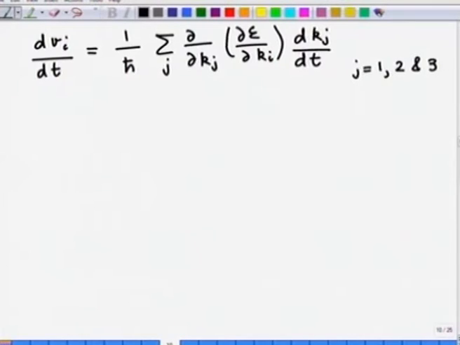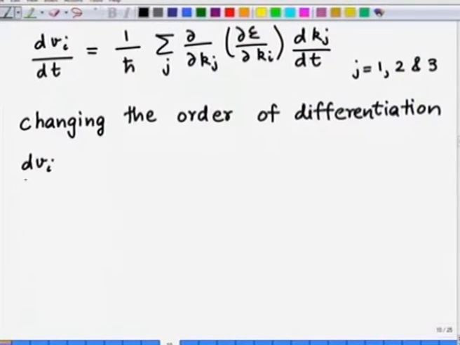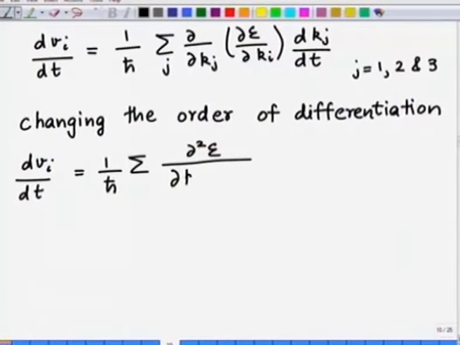Now changing this order of differentiation, I can write this quantity dv_i dt as equal to 1 over h bar summation del square E by del K_i del K_j, the j sum being conducted first, and dk_j dt.